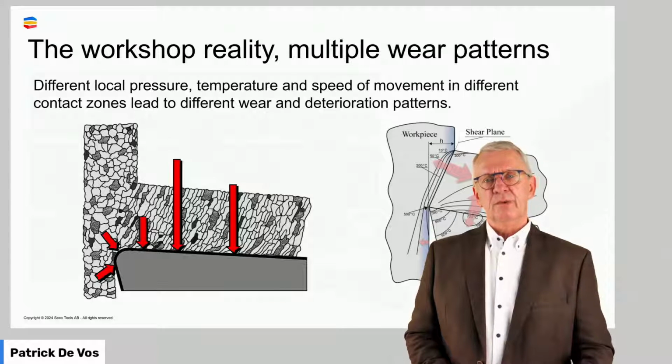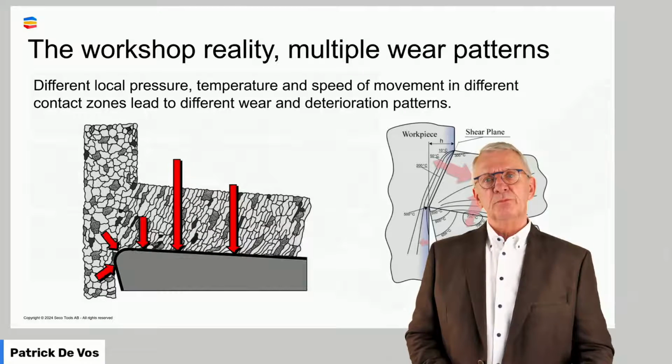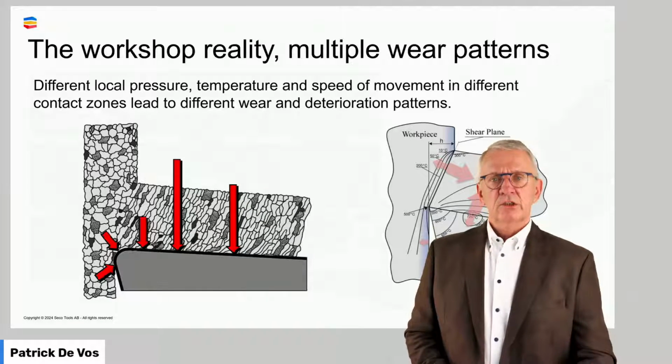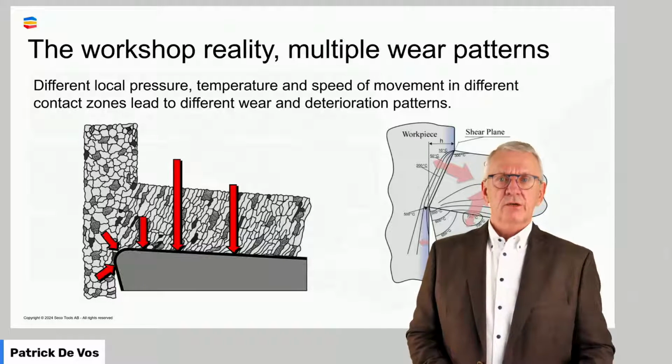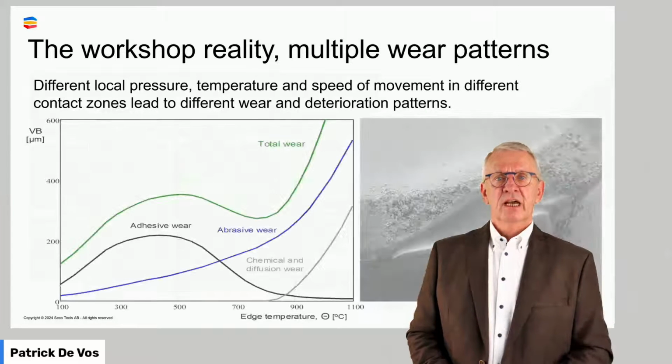Pressures are different depending on where you measure. Temperatures are different. And wear is pressure dependent. Wear is temperature dependent. So if these two things vary along a cutting edge, of course, you will find different types of wear patterns on the same cutting edge.